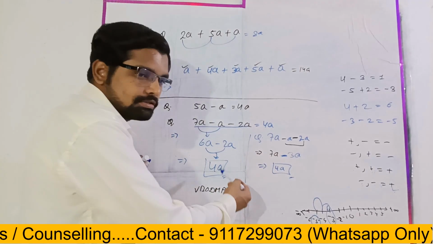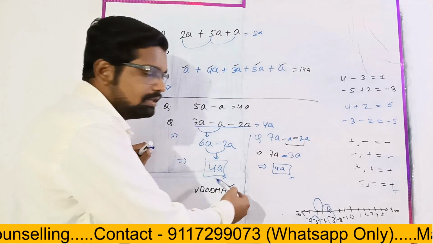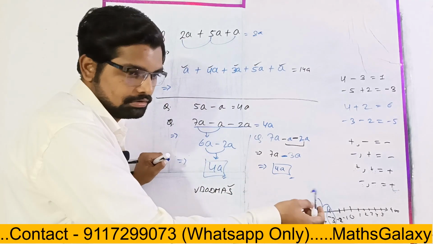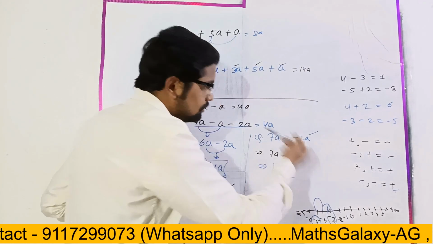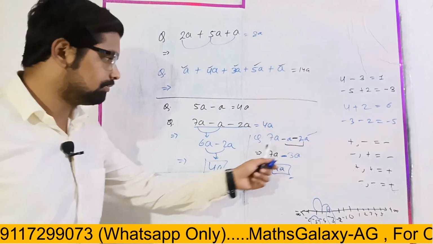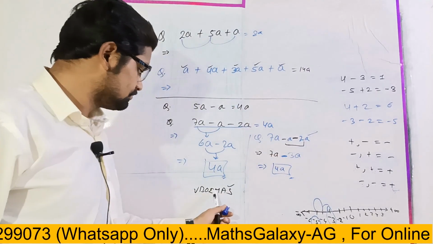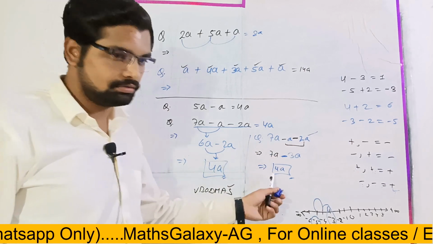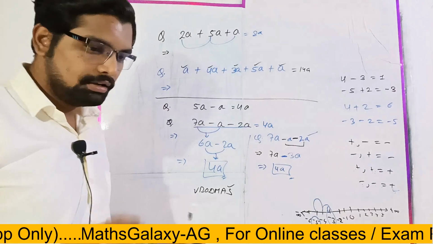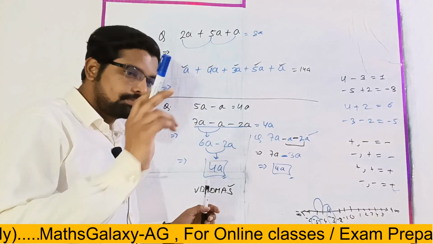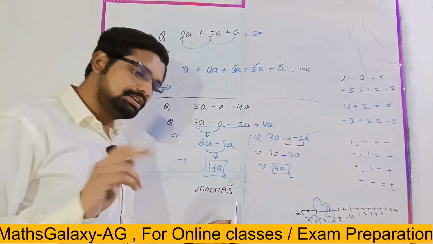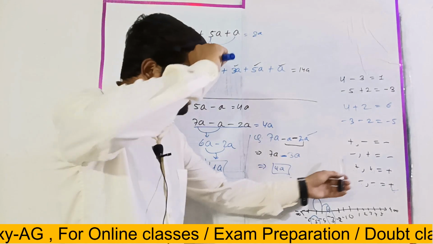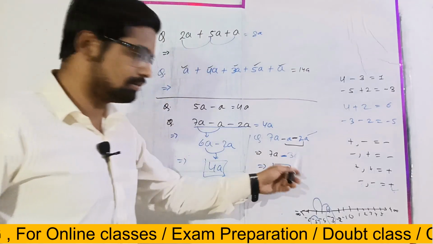But when you solve the same expression in higher class, you have to solve it by applying the BODMAS rule. First we will do addition, then subtraction. Is it clear? When we learn the VBODMAS rule, I will explain it in detail. I just discuss it here because we use the concept of this one and this one also.